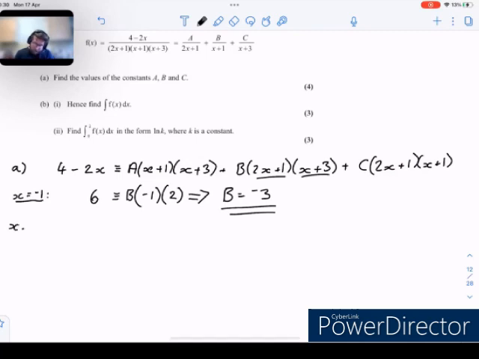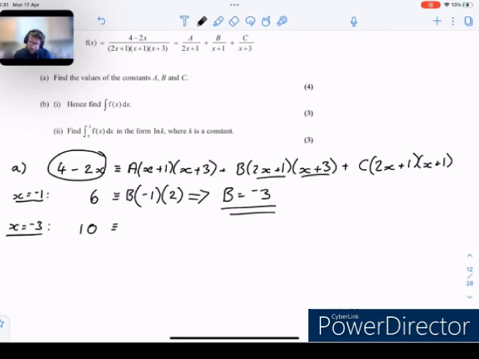Now we let x equal to minus 3. And that will make the brackets with x plus 3 disappear. So for the left-hand side, if I change x to minus 3, we get 4 plus 6.